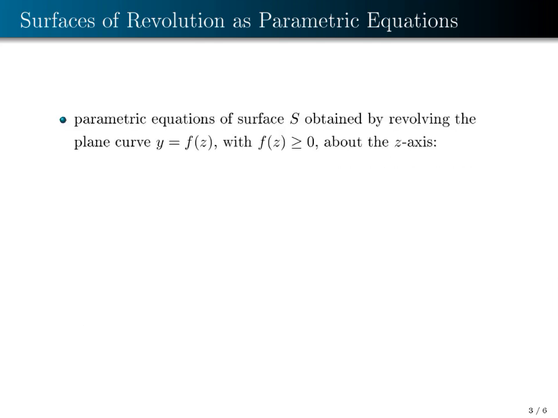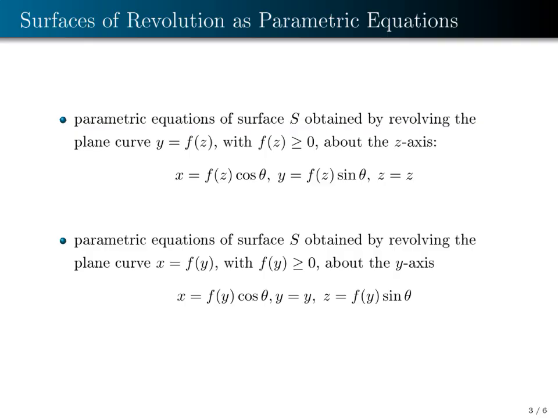Similar arguments show that an SOR obtained by revolving the plane curve y equals f of z with f of z non-negative about the z-axis has parametric equations x equals f of z cosine theta, y equals f of z sine of theta, and z equals z. The same holds for an SOR obtained by revolving the plane curve x equals f of y with f of y non-negative about the y-axis.